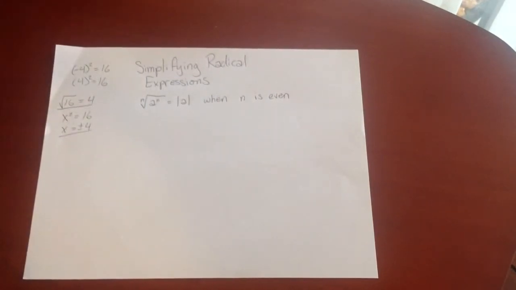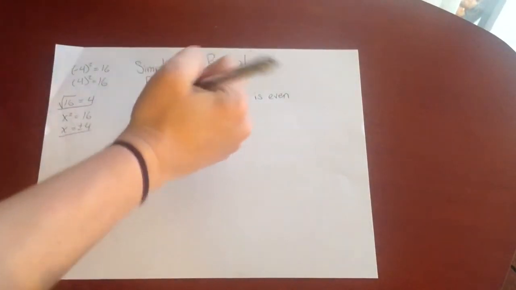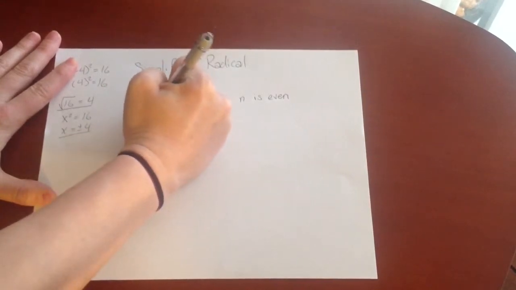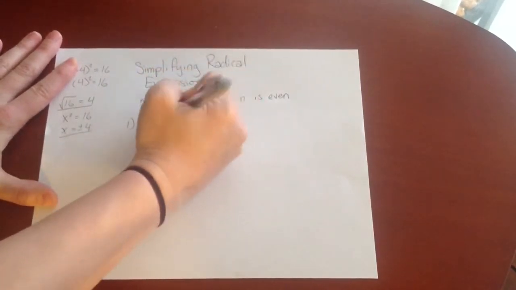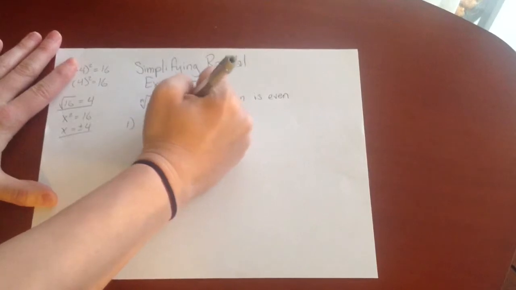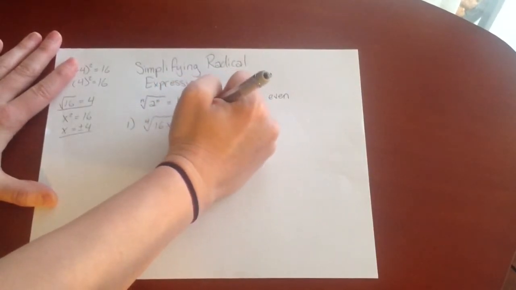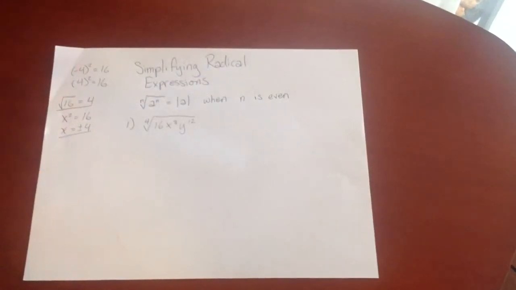So for an example of this, let's consider the fourth root of 16x to the 8th y to the 12th. So let's look at this for a moment.